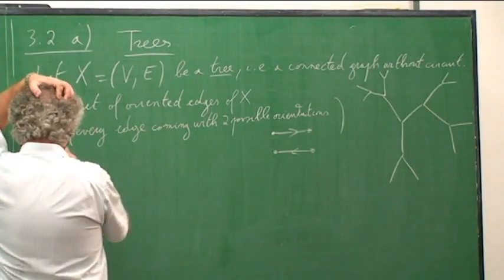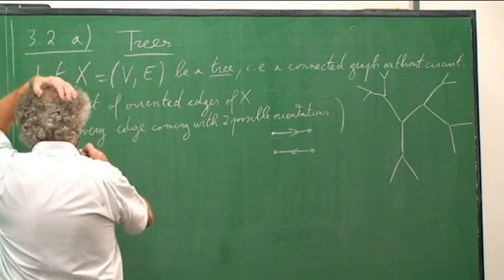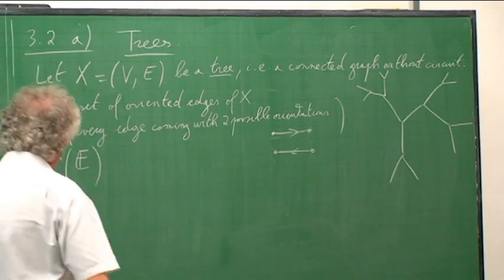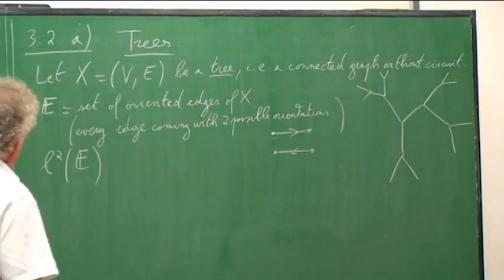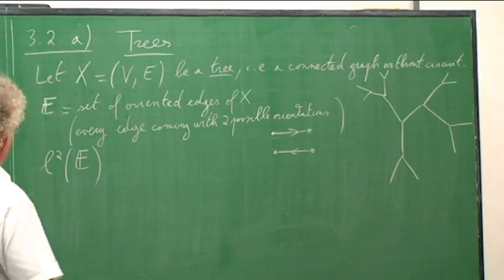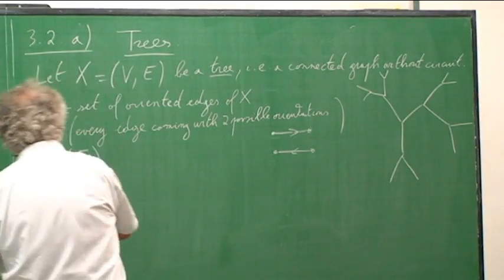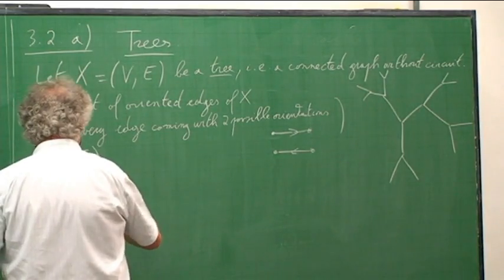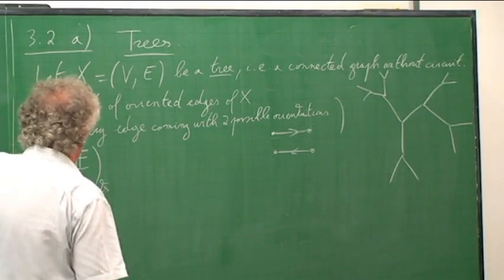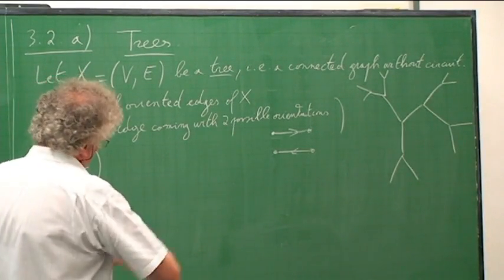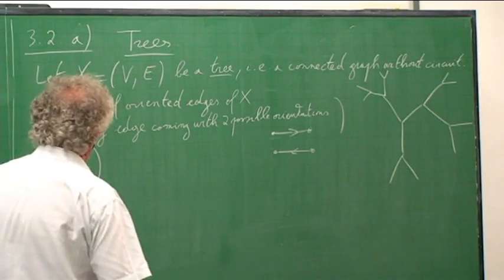And okay, so the Hilbert space I'm going to play with is L2 of E special. And of course, the group of automorphisms acts on the situation, and particularly it acts on the Hilbert space by permutations.